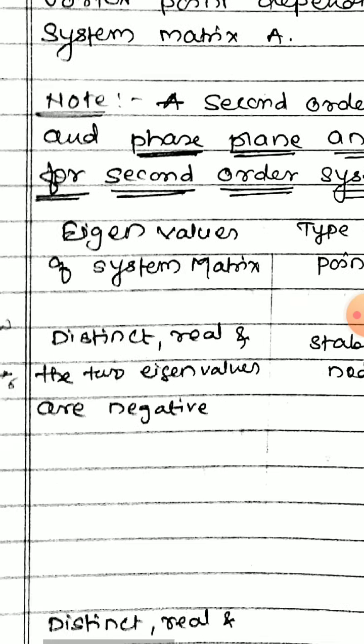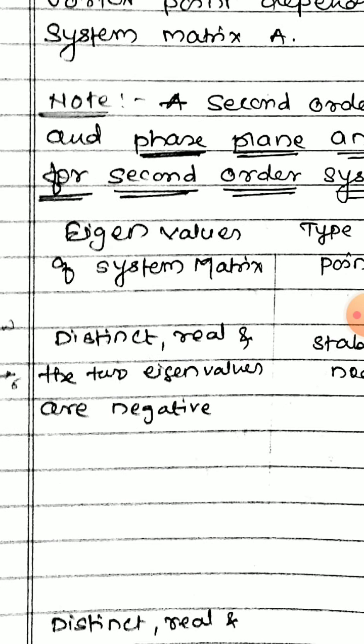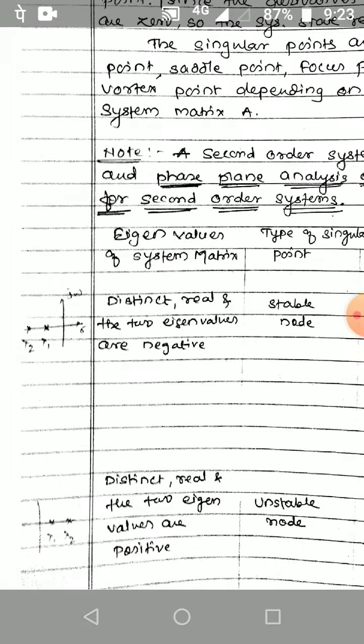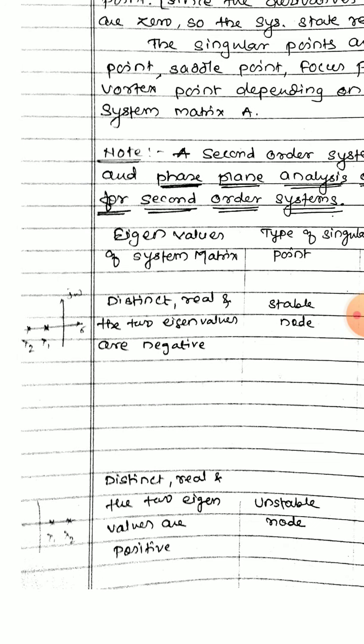So this is the first type, that is depending on the nature of eigenvalues of the system matrix, how the singular points or phase portrait will be seen and what is the particular name of that particular singular point. So that part we are discussing. Now another type is that the eigenvalues of the system matrix are distinct, real and both are positive.